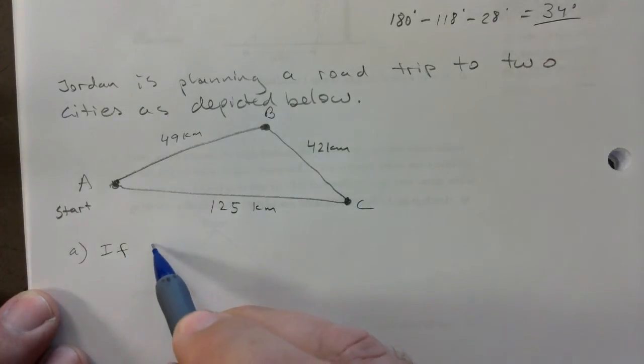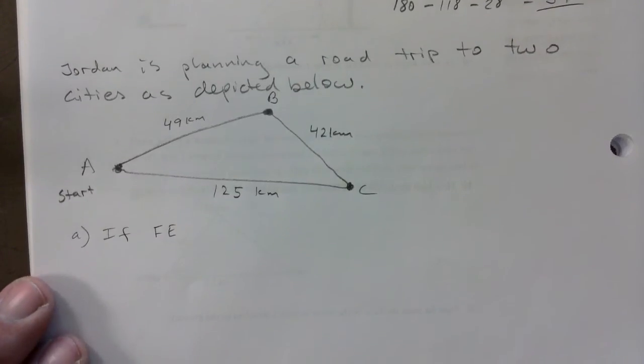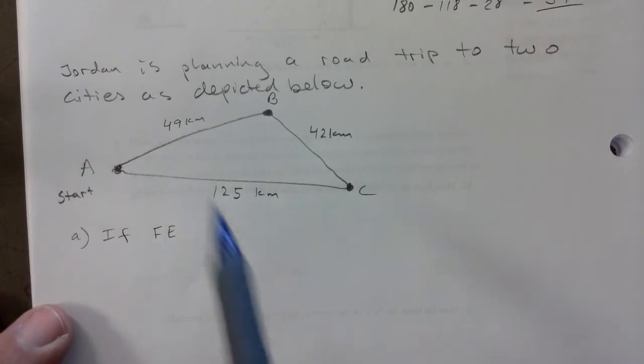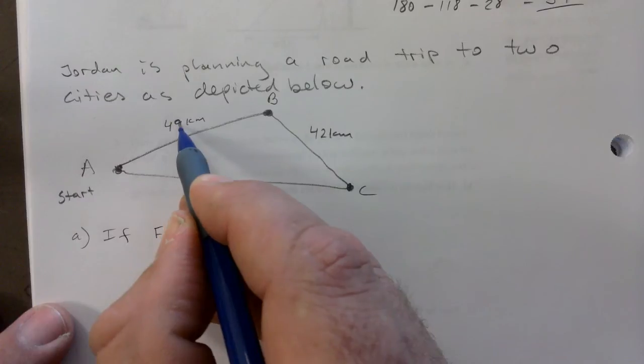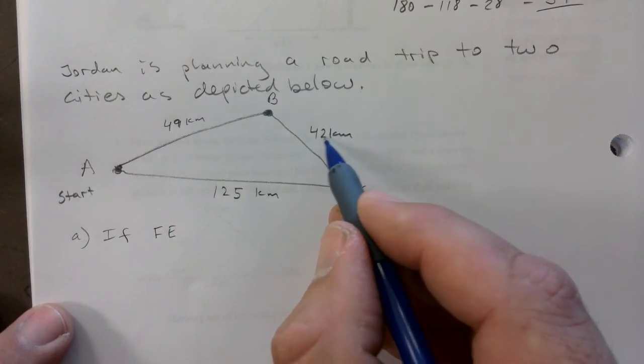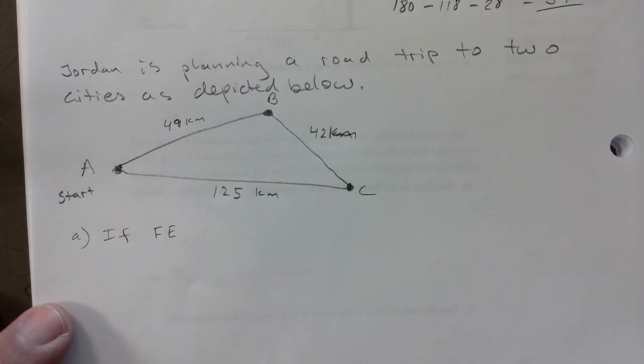Fuel economy, what's the question? Are you trying to figure out what I wrote? Jordan is planning a road trip to 2 cities as depicted below. 49, 42, right? This is 42 kilometers, 125 kilometers.